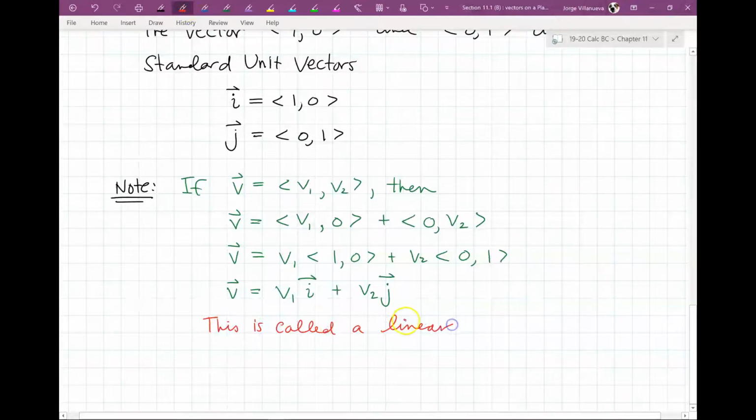So when they break down the vector into its components and include the unit vectors, that's what they call a linear combination. So we're just going to do a real quick example on that, and then we're done.